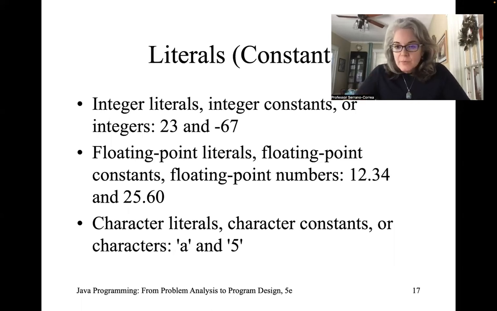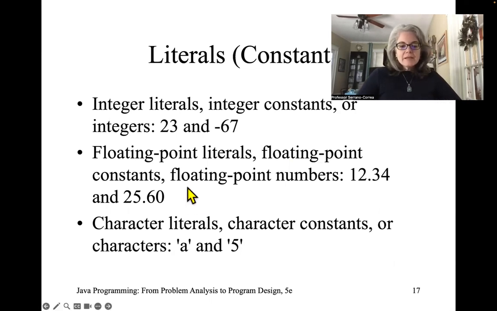These are not variable names. This is just the number. Same thing for this number, 25.60 is a floating point literal, or some people call it a constant. I like to call them constants, or just a floating point number. And then character literals or constants, or just plain old characters, is just a character.